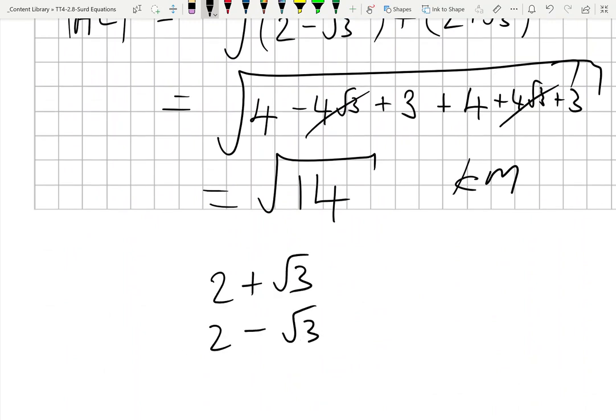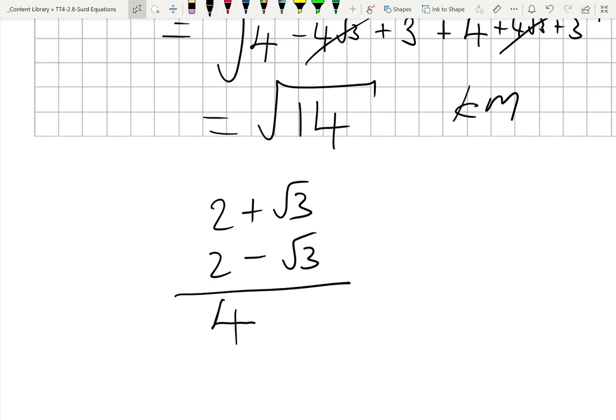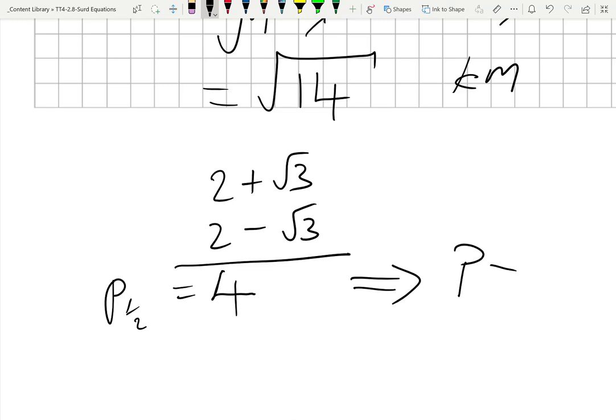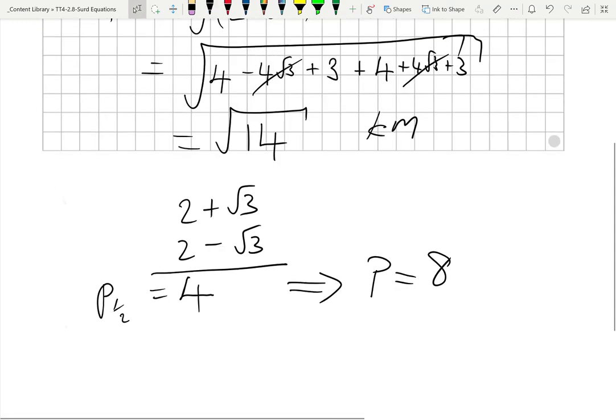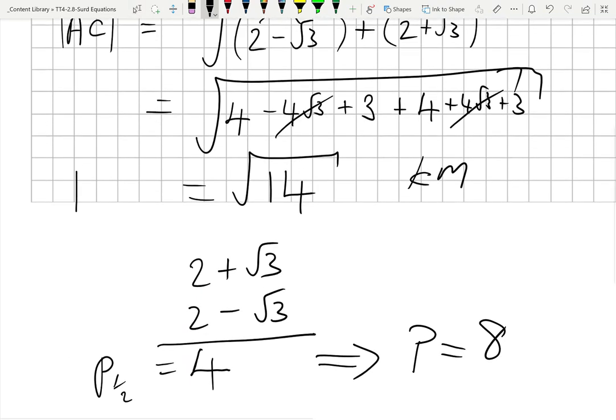And the property of conjugates is that they add to become just an integer or rational. Okay, and that's the half perimeter. Okay, which implies perimeter equals 8. Okay, the diagonal equals root 14.